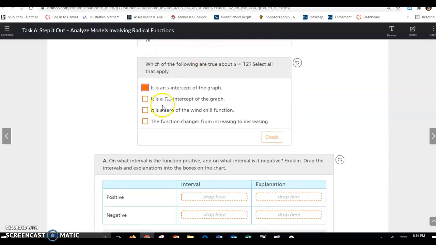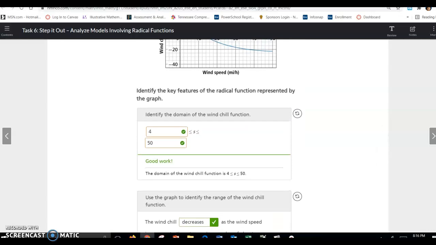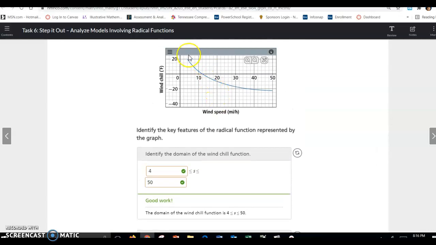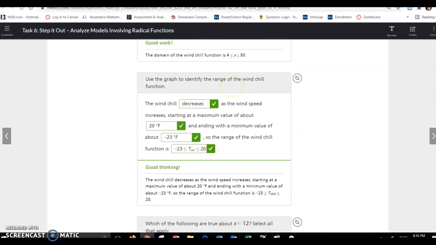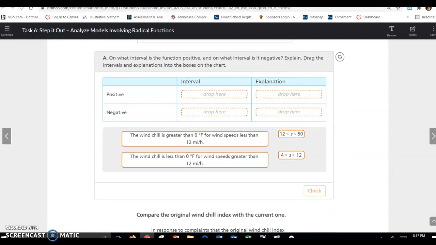It is a 0 of the wind chill function. That is true. The function changes from increasing to decreasing? That is not true. You can see that it's been decreasing the whole time, so it's just decreasing.